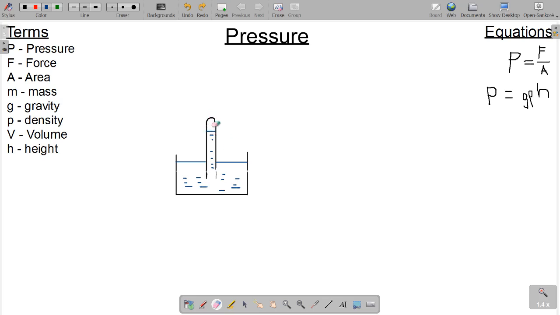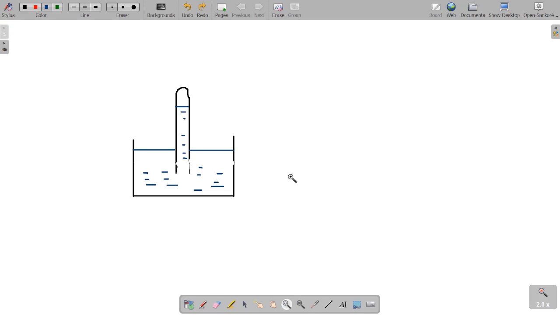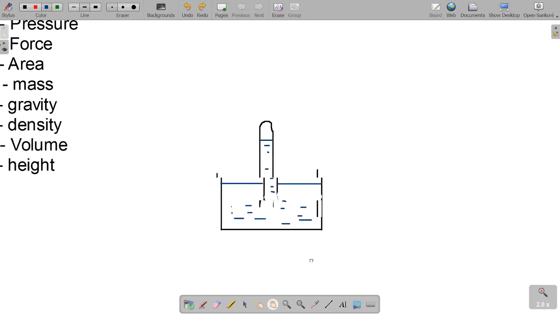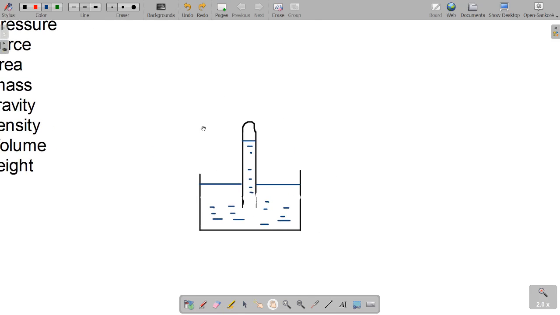So right, this is an instrument used to measure atmospheric pressure. Why is this so? So basically here you can use HOG.